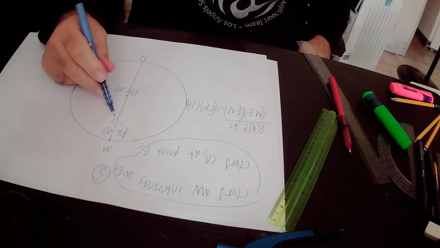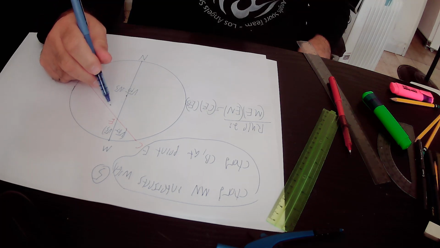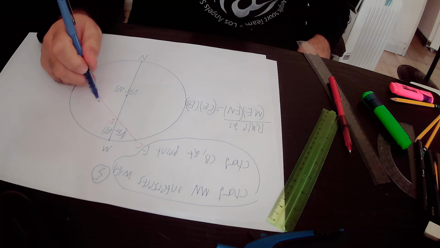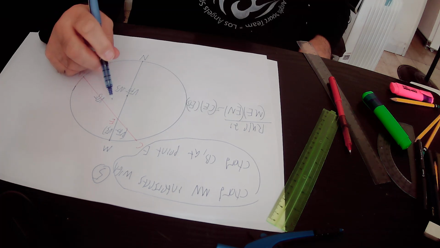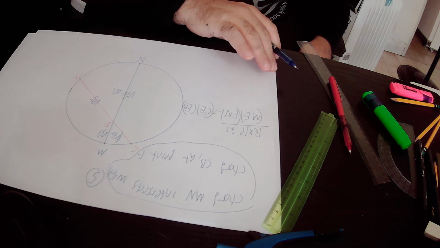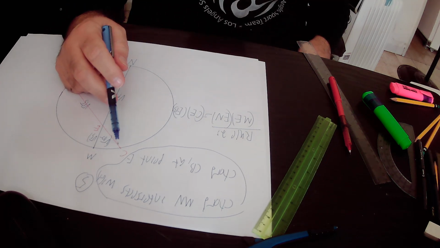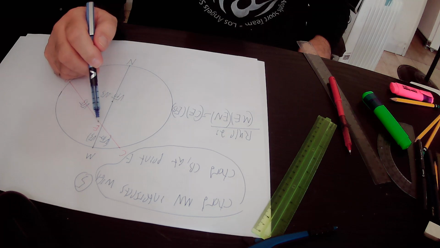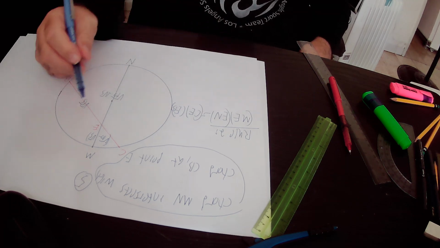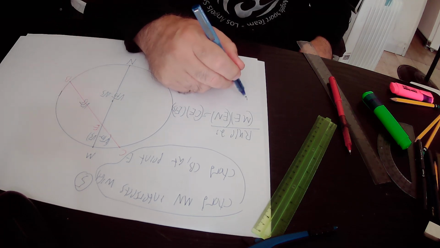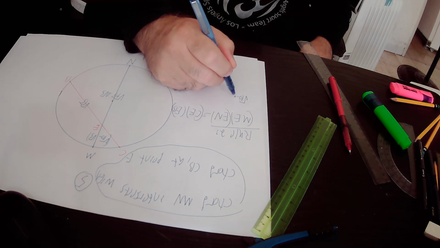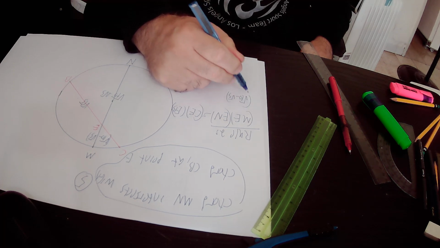And we have already found out that the length of line segment EB equals the square root of 15 units. So we can put the data inside this equation and we'll find out the missing line segment CE. So ME equals the square root of 10 minus square root of 5 times EN.